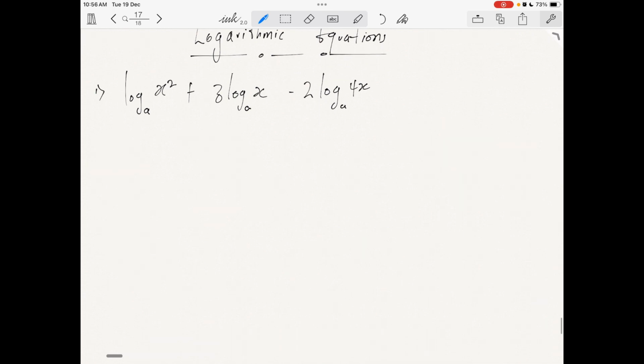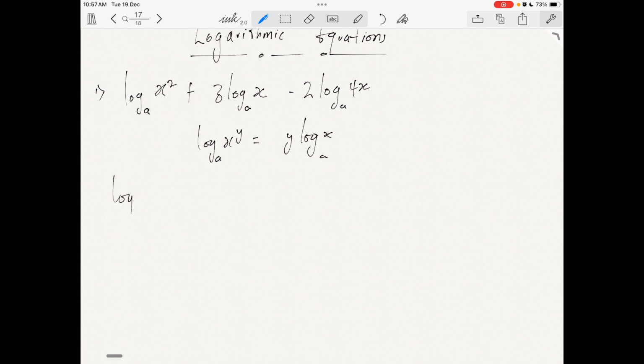Now, in this case, we begin to apply our logarithm laws: the addition multiplication law where we add two logs together, the division where we subtract them, and the power. Now, you recall that log base a of x to the power y is equal to y log x to base a.